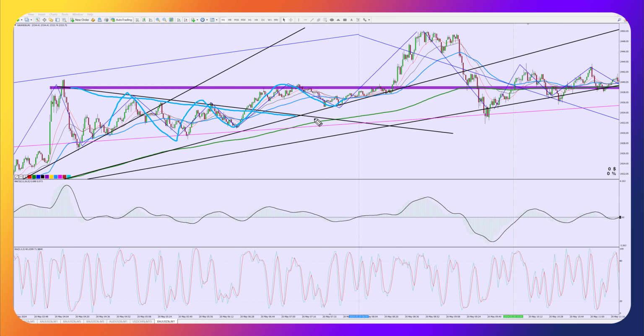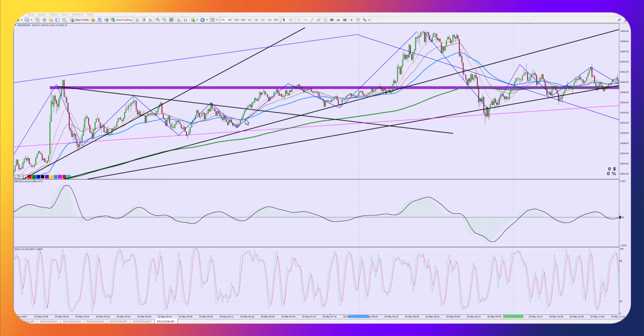If this line is your support or resistance line, whenever it breaks and comes back to it, you want to start trading. You wait until the price breaks it, comes back, breaks it, comes back. All these pullbacks you can trade, but you need confirmation from your indicators.